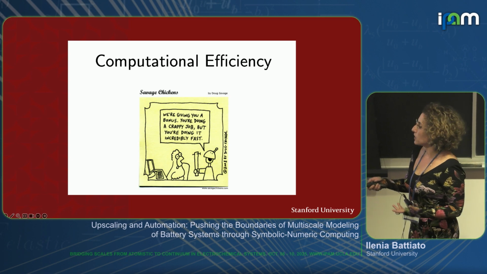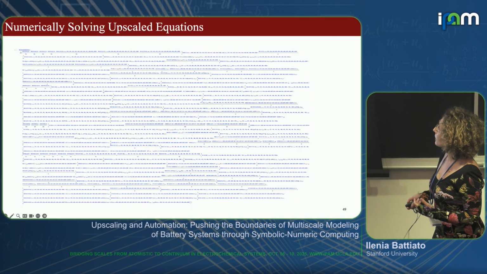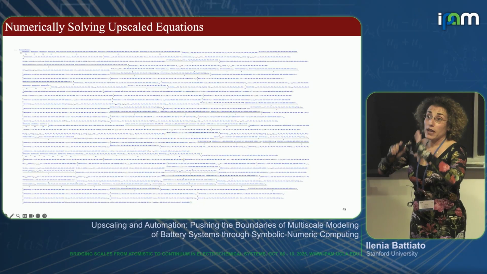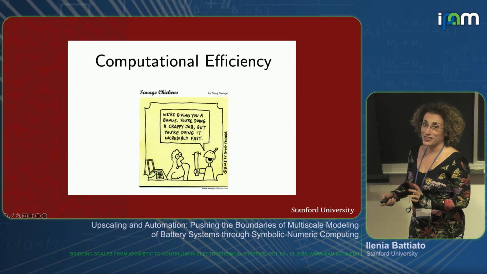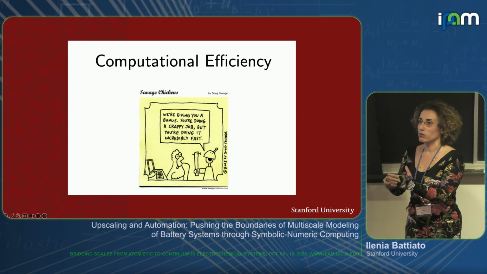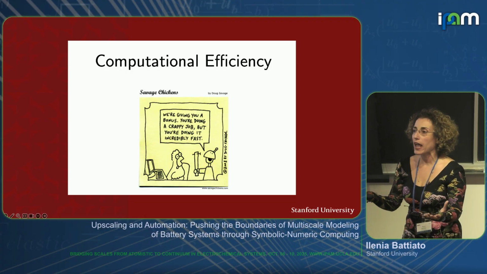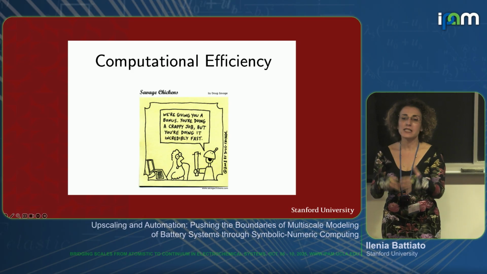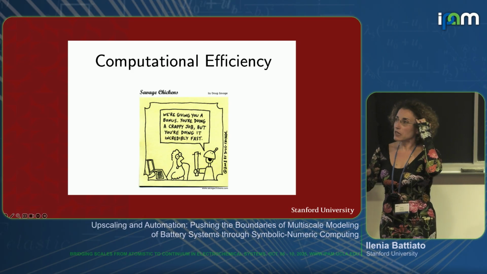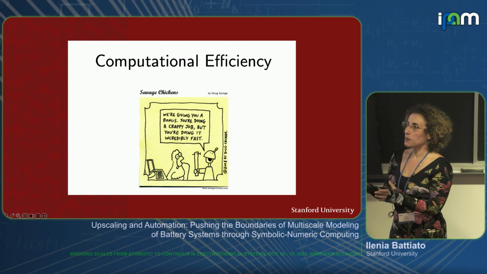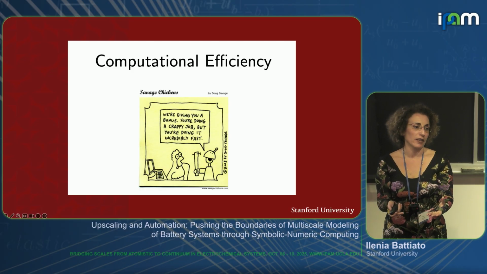Now, computational efficiency, which is the last part. We can now do the analytical derivation symbolically, and it's fast. We can incorporate complexity because we don't care anymore. That's all good. But the problem is that we still need to numerically verify these models.